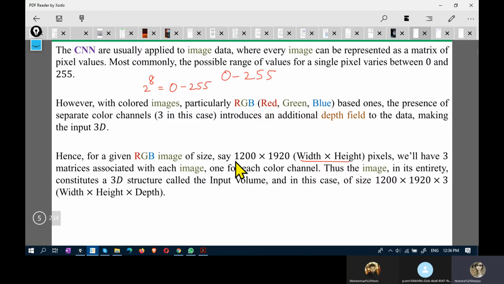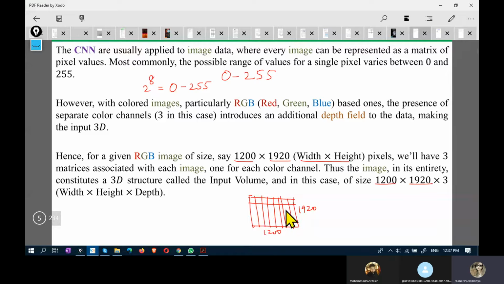If we have 1200 by 1920 width and height, you will find pixels with some value between 0 and 255. So what will be the total size? Total size will be 1200 into 1920. This multiplied by this will give you the total number of cells.